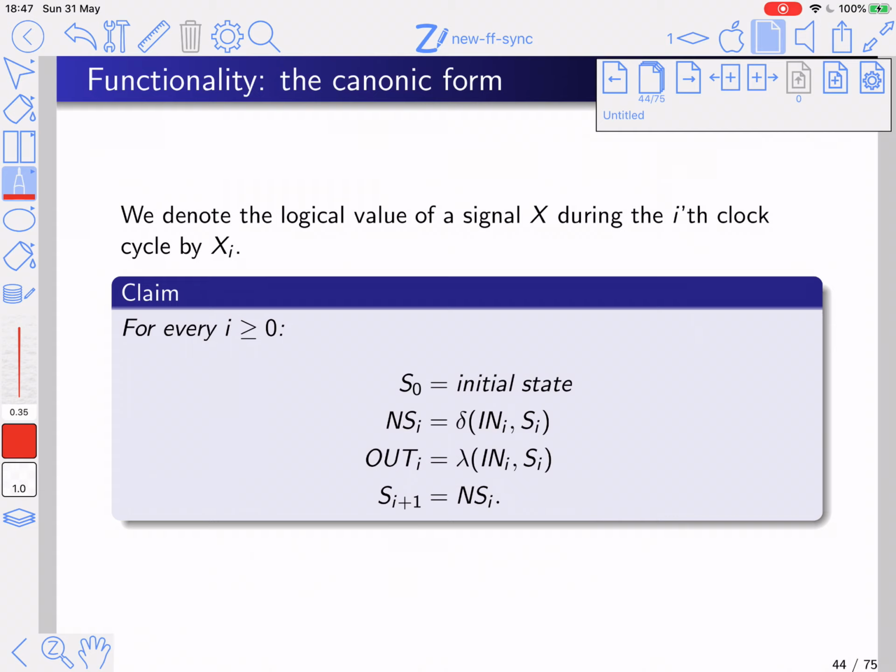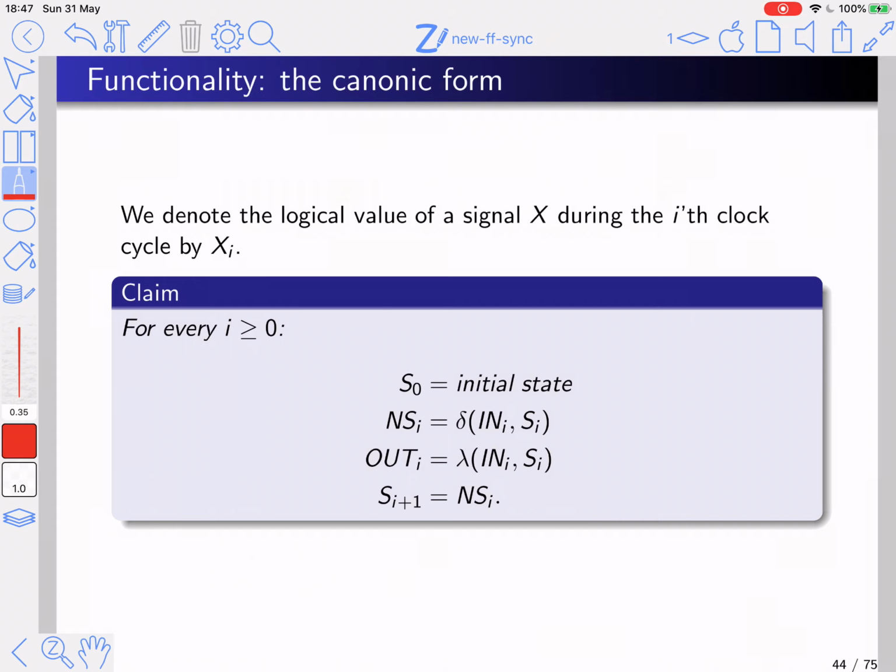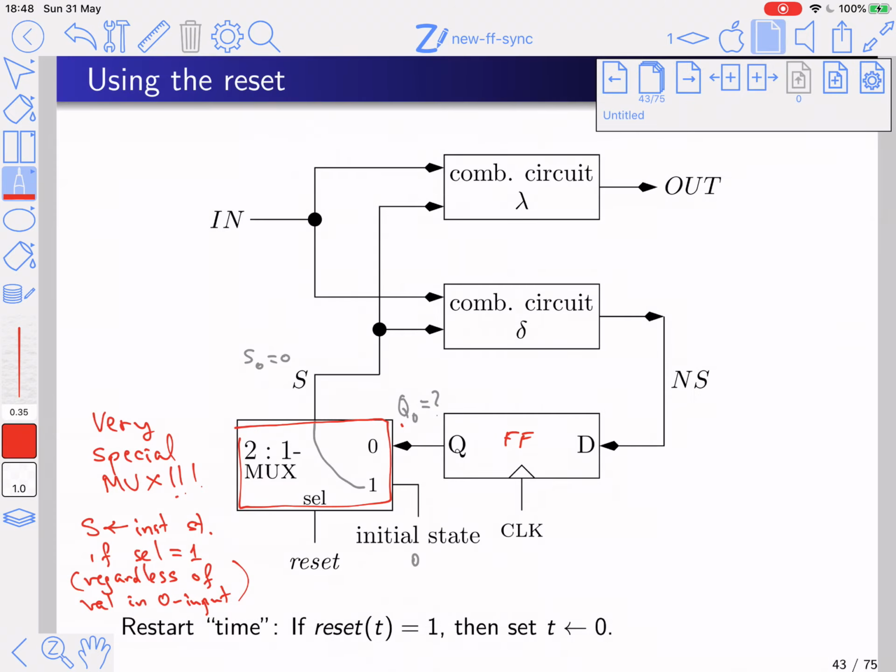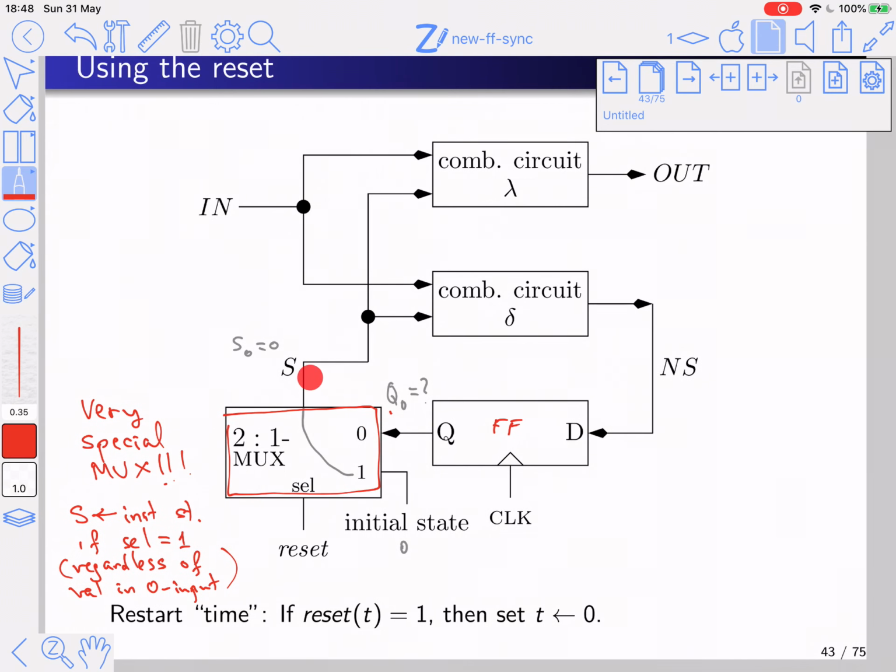So now, having explained this reset thing, we can describe the functionality of a synchronous circuit in its canonic form. For every clock cycle I, if I equals 0, then S0 is the initial state. This is guaranteed by the part we talked about just now.